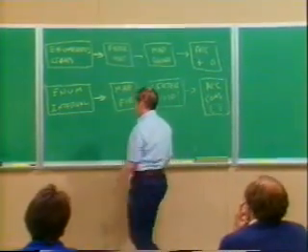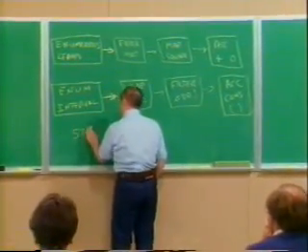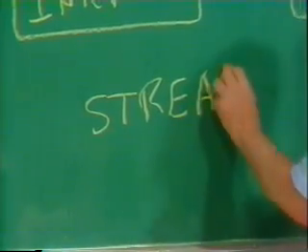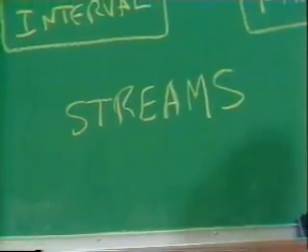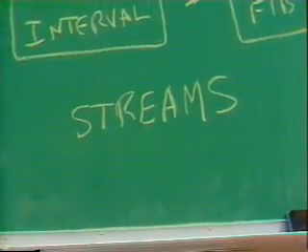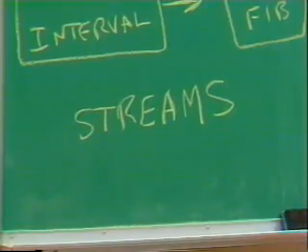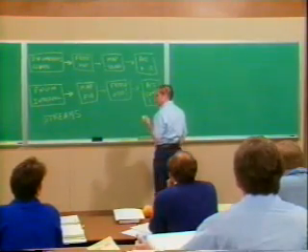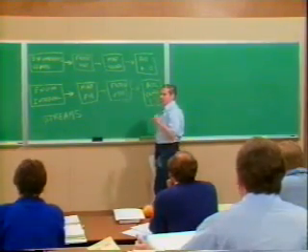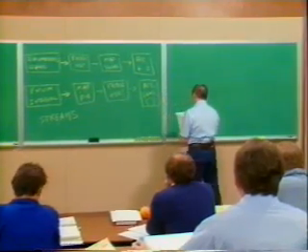Okay. Well, those things are going to be data structures called streams. That's going to be the key to inventing this language. What's a stream? Well, a stream is, like anything else, a data abstraction. So I should tell you what its selectors and constructors are.